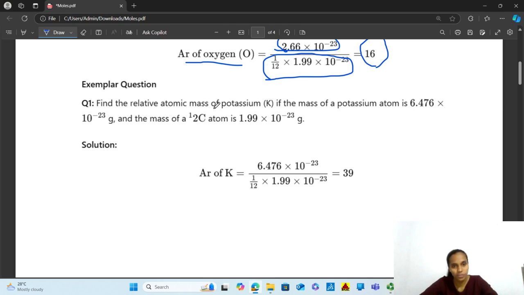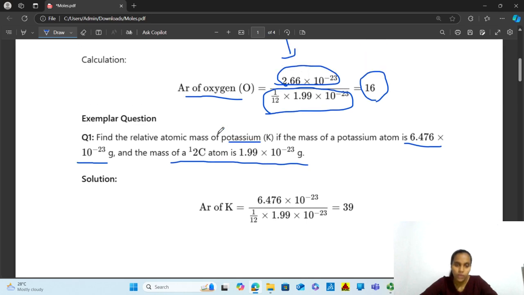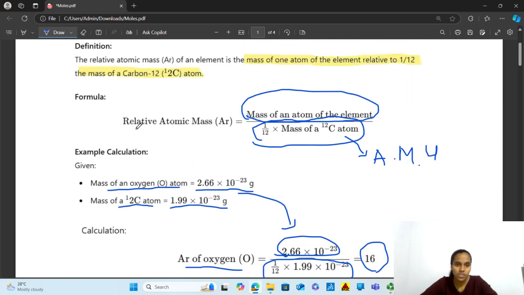Find the relative atomic mass of potassium if the mass of the potassium atom is 6.476 × 10^-23 grams and the mass of the carbon-12 isotope is given as 1.99 × 10^-23 grams. First we have to write this equation.